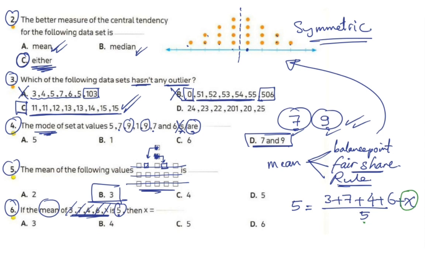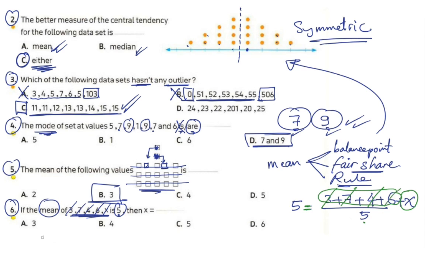How? First we have here the equation. Now put the x to the right or to the left side. Now I can add all of these numbers. We have 3 plus 7 equals 10, 10 plus 4 equals 14, plus 6 equals 20.